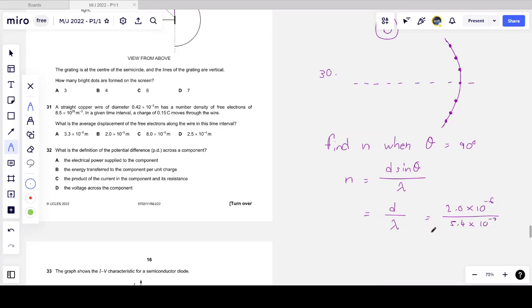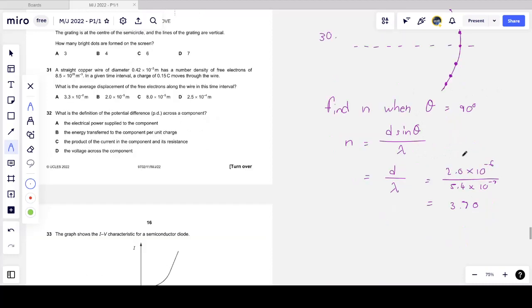Remember, this will always be a tiny number. And so what we get is 3.7. In this case, we're not going to round up because you're not going to get 0.7 of a dot. We can assume that you're only going to get 3.